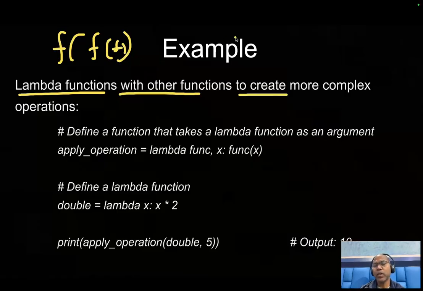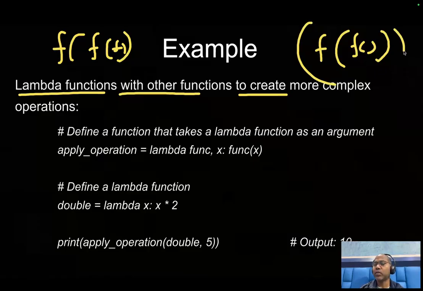This is the one lambda function, this is the other lambda function, and the complete lambda function is taken as an input in another lambda function. So this is function composition.